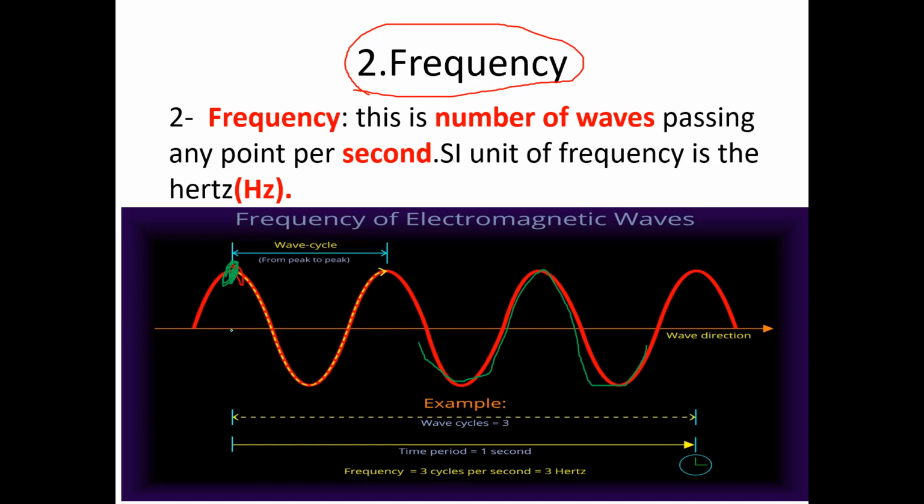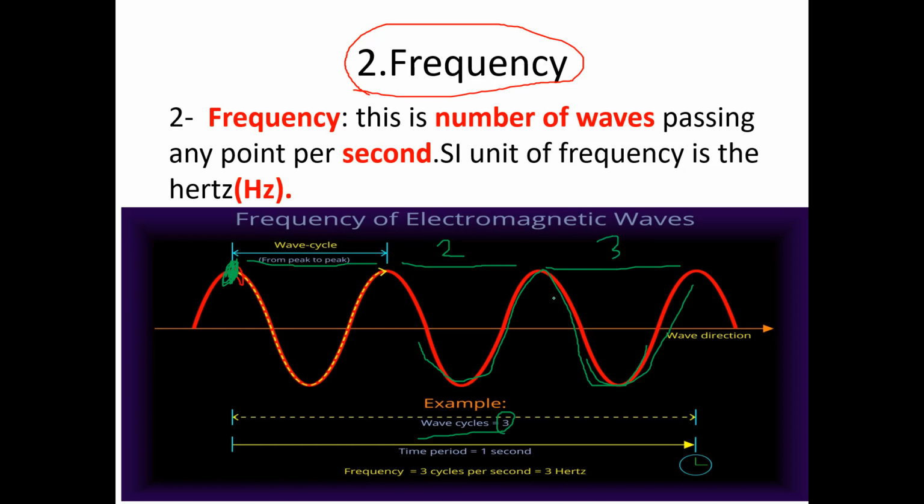If we take this point and count during 1 second how many waves pass through it, we see here it's 3 waves. 1, 2, and 3.